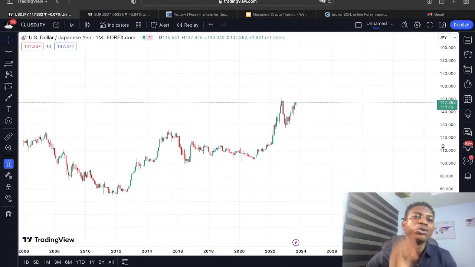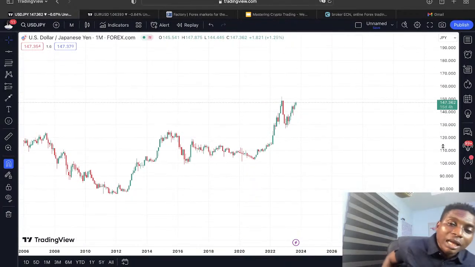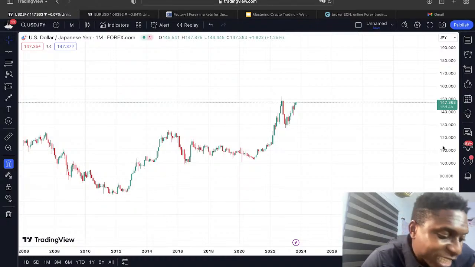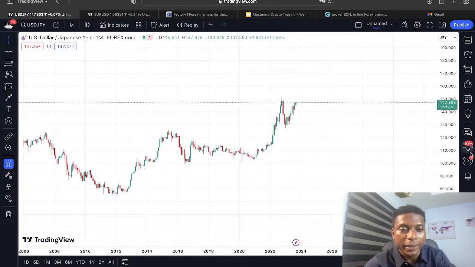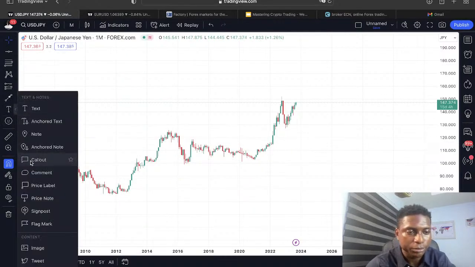So USD JPY has been on a bullish steroid. Let's map out levels.